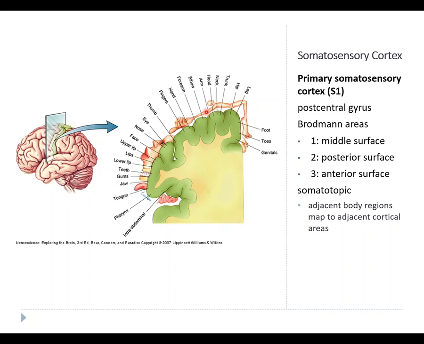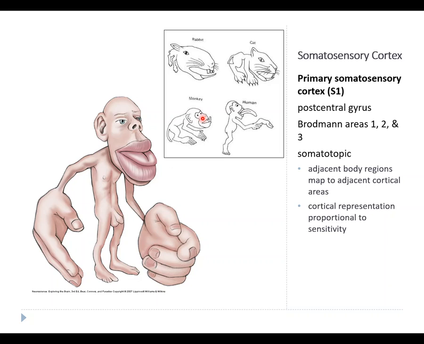So it's not representative in terms of size, even though it may be representative in terms of position. And in fact, this little guy is what you would look like if your body actually was proportional to how it's represented in the primary somatosensory cortex. In fact, this is called the somatosensory homunculus.